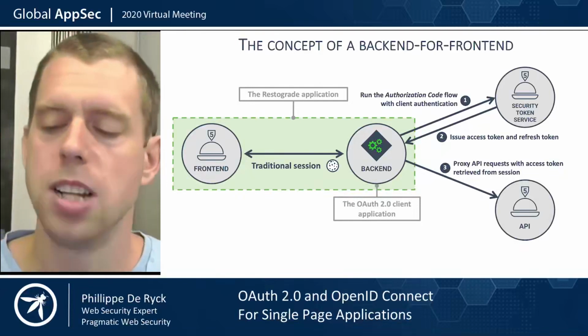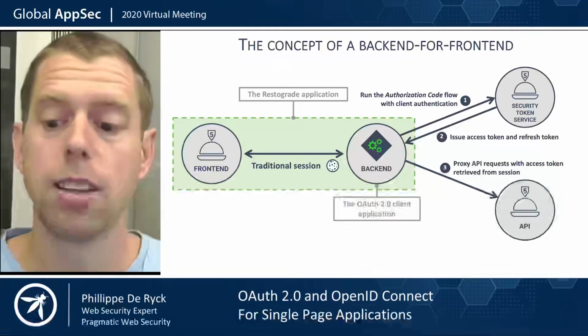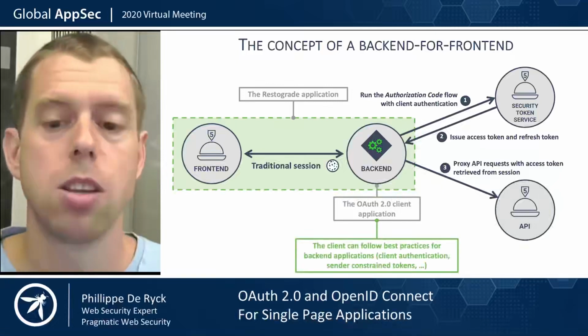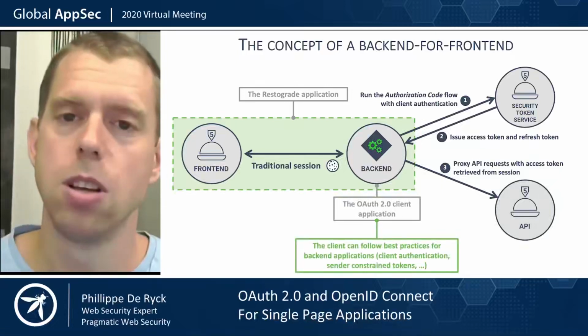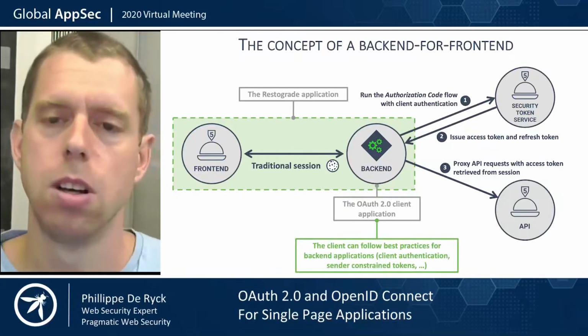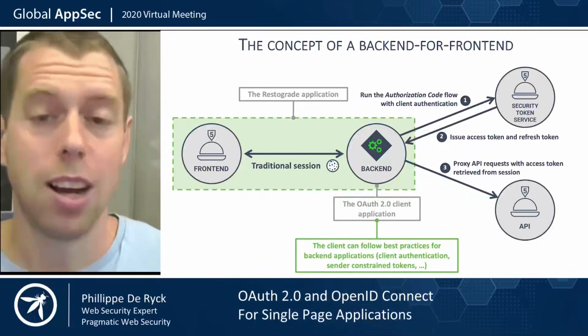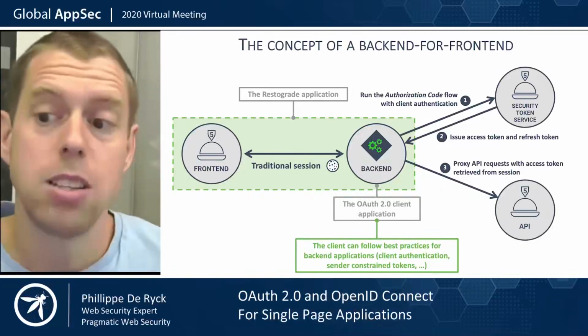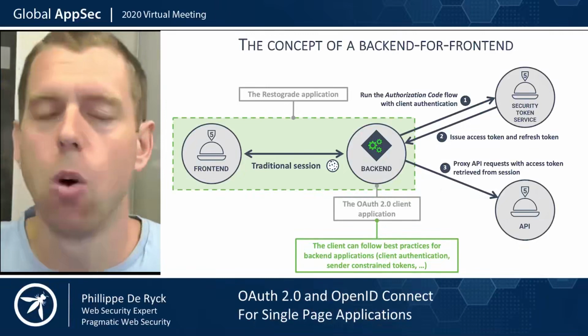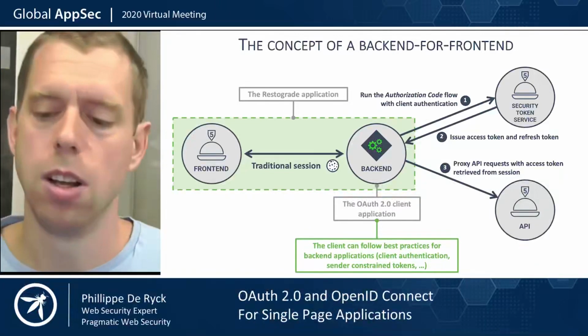And this is better because now tokens remain in the backend. Additionally, the backend can follow OAuth security best practices for backend web applications, which are much more secure than those for front-end applications. Two examples: we have to use client authentication, as in a client ID and a secret, or a key-based authentication for every flow with a security token service. That's a major improvement for security.